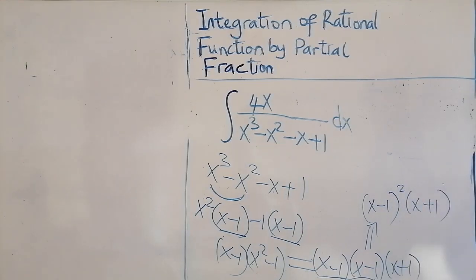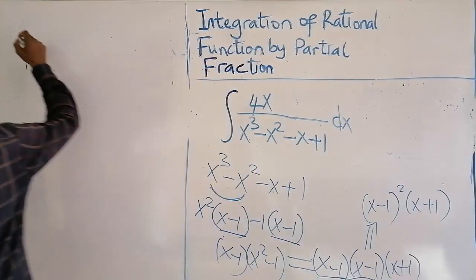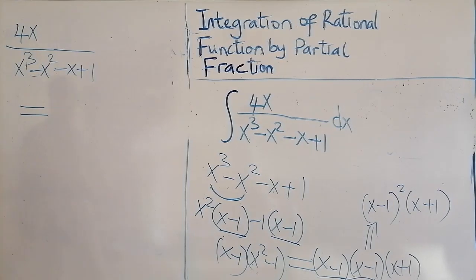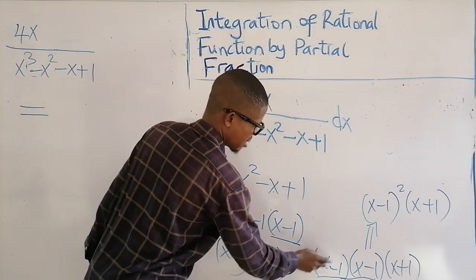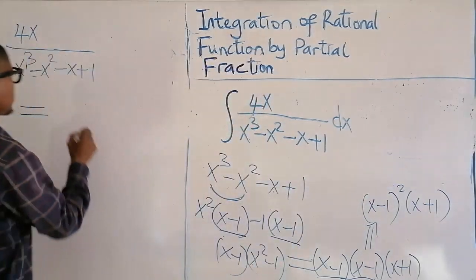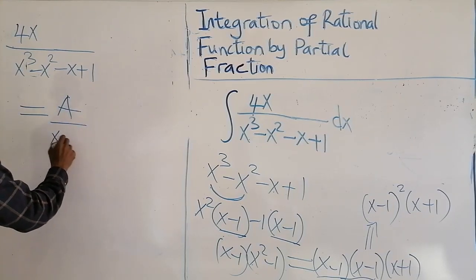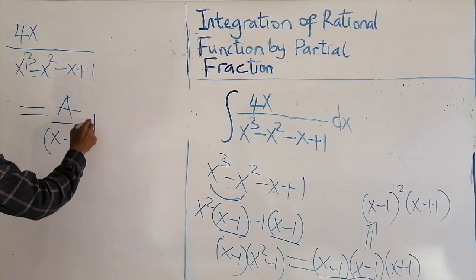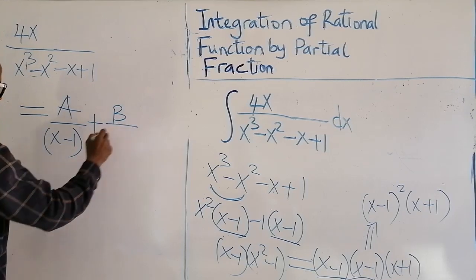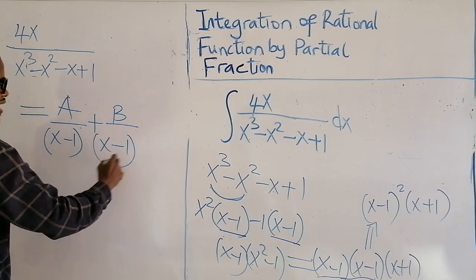So let's see how we can solve that. So we're going to write the fraction, and that will be equal to the repeated linear factor, x minus 1 squared. So it's going to be A over x minus 1, start with power 1, then the next one will be B over x minus 1 squared.